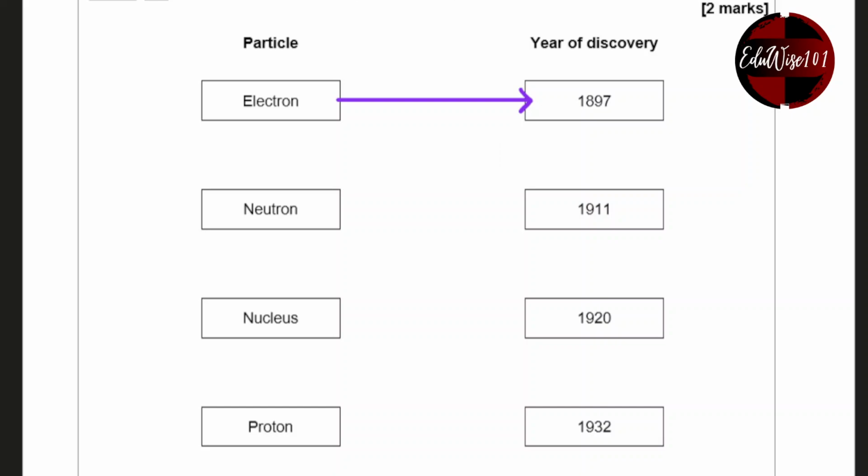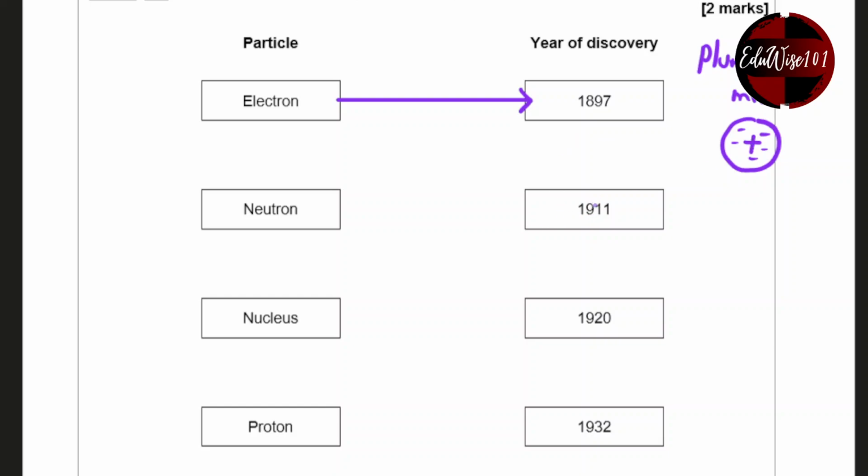Now, following the discovery of the electron, Ernest Rutherford came up with the plum pudding model. In that model, he described the atom with the electrons simply dotted around and the entire atom to be a positive charge.